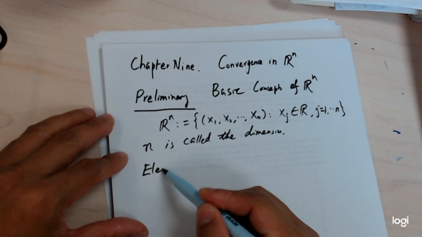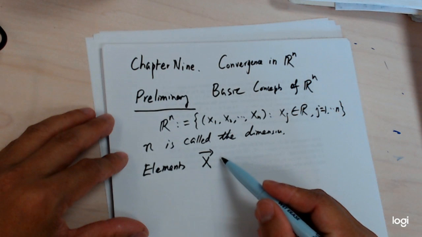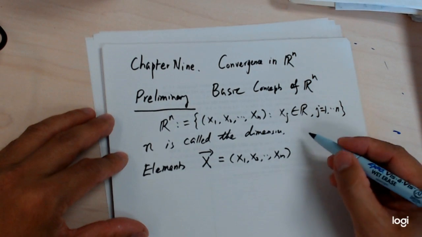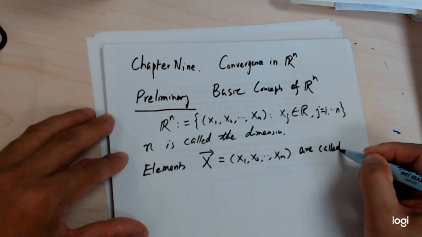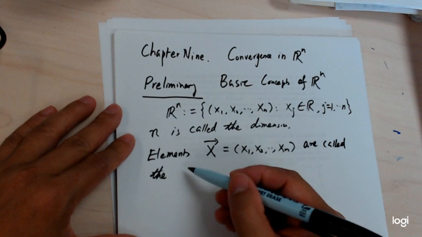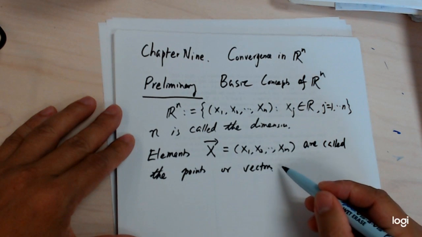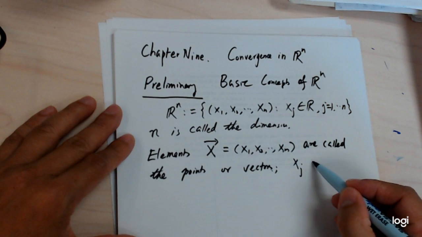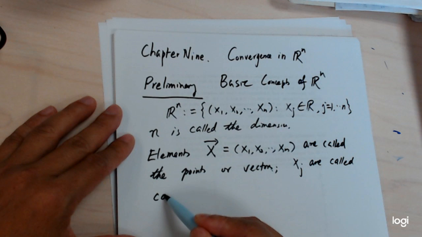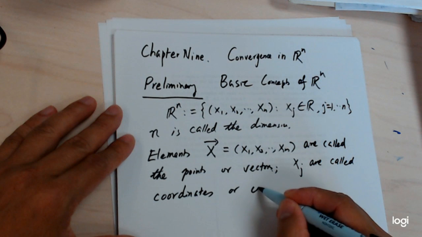And elements x, sometimes we put an arrow on it, are called the points of Rn, or vectors. Xj are the coordinates, or components.